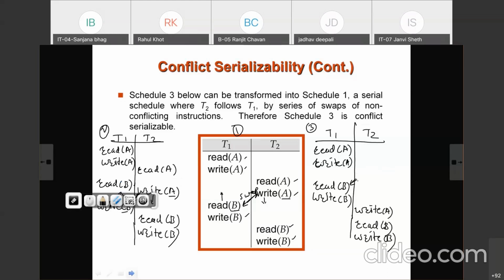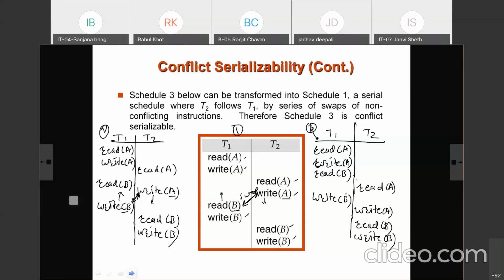So I can swap these two instructions. I write it here only. So here it comes read B, and here it comes read A. Is it clear? In the fourth step, we swap this.